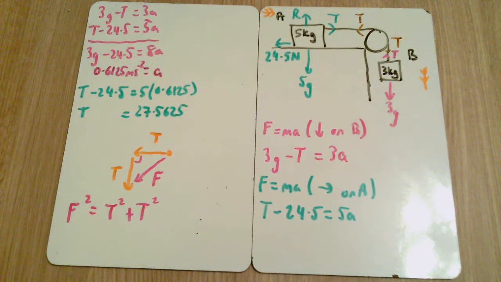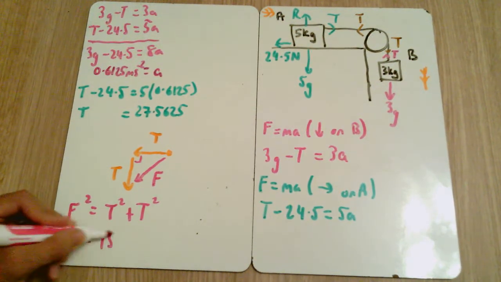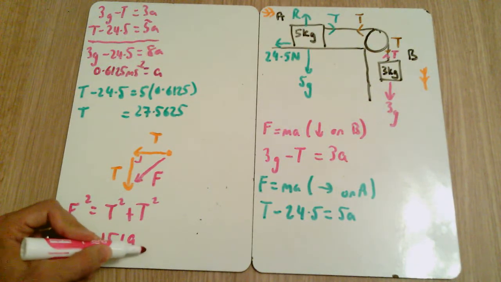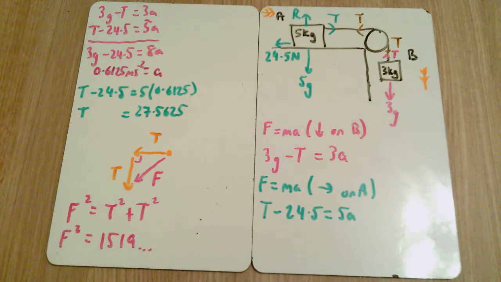Now T we've worked out to be 27.5625. So if we square that and add it to itself, we get F squared is equal to 1519, etc. And therefore, if we square root that value, we can work out the value of F, which gives us an answer of 38.98.